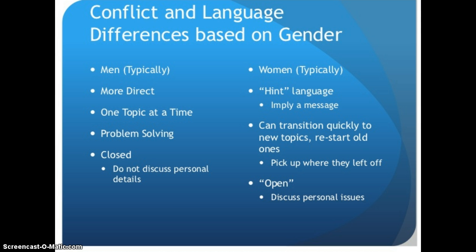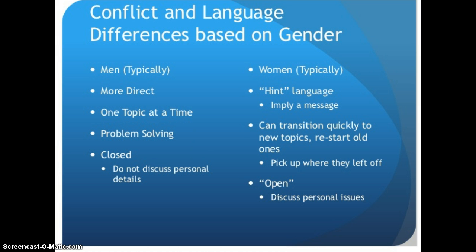So unless an issue really has been resolved and is closed, they will dig it up again and it'll resurface in a totally different situation that might not be related to the power struggle currently being discussed. And women are much more open to discuss emotions than as compared to men.